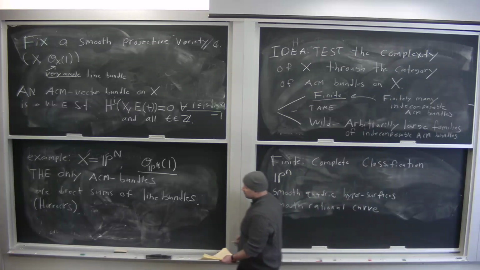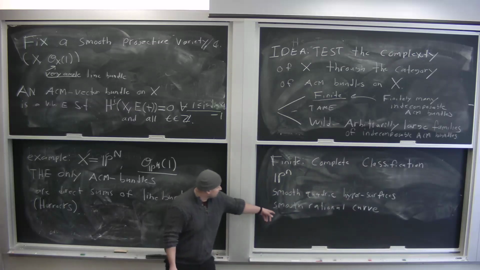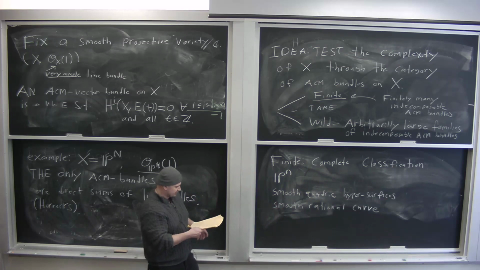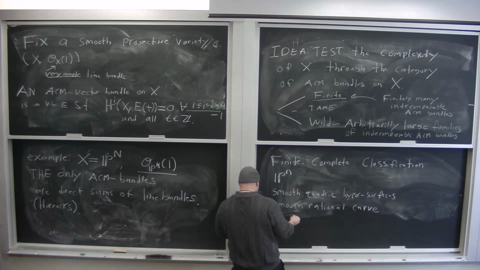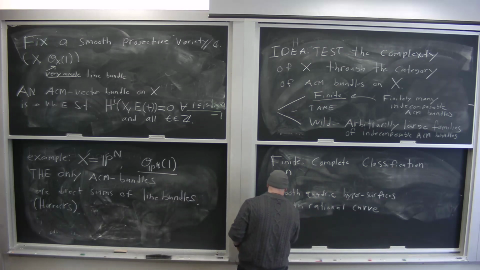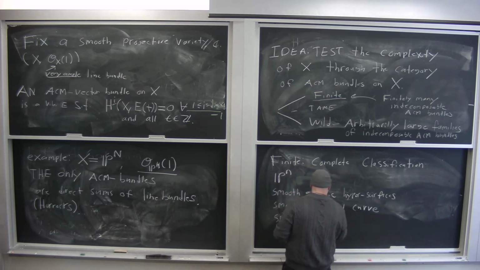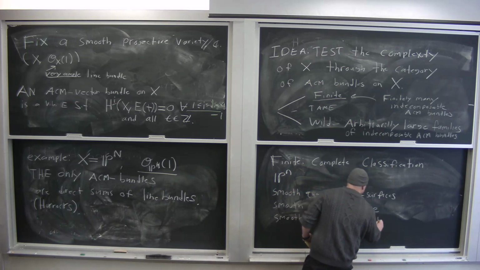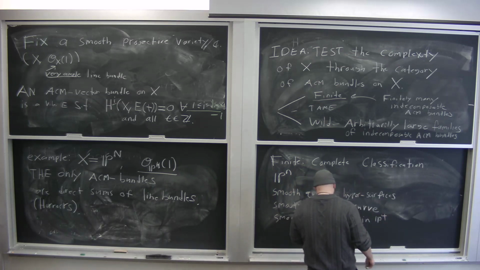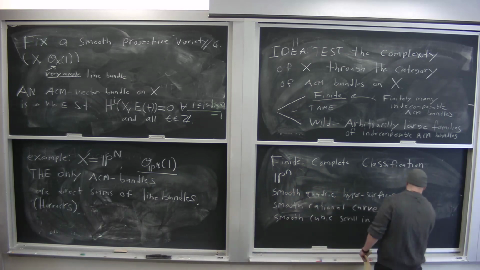It depends on the embedding, so you embed P^1 inside of some projective space. Then the smooth cubic scroll in P^4, so this is the first Hirzebruch surface, F1.